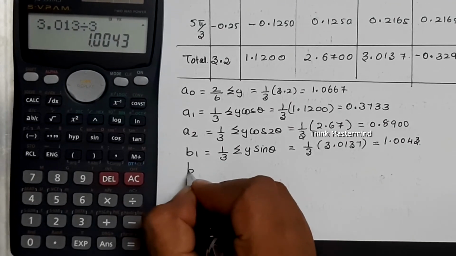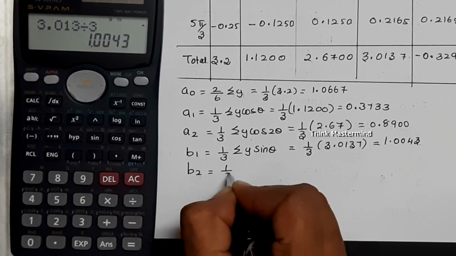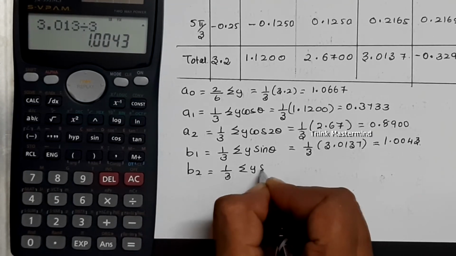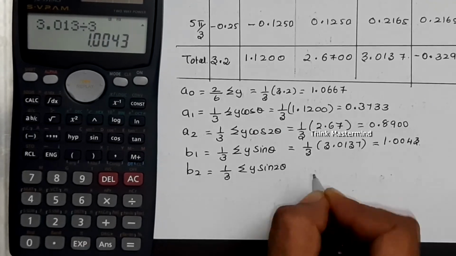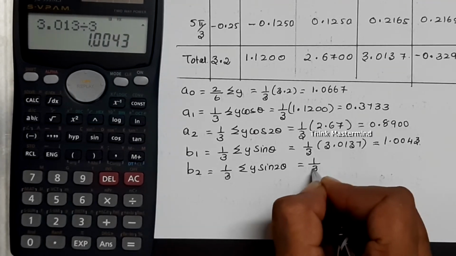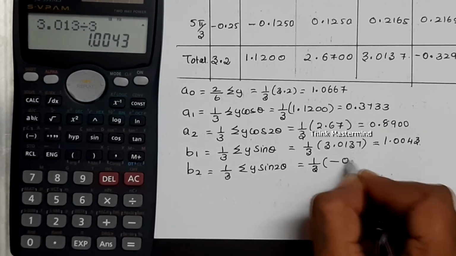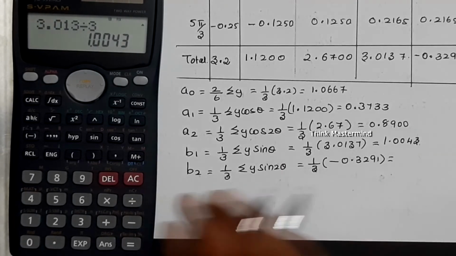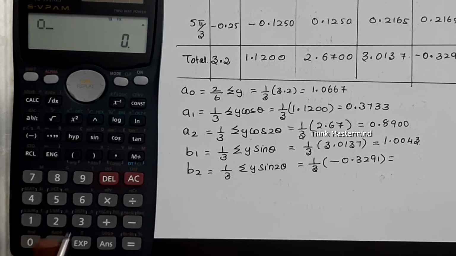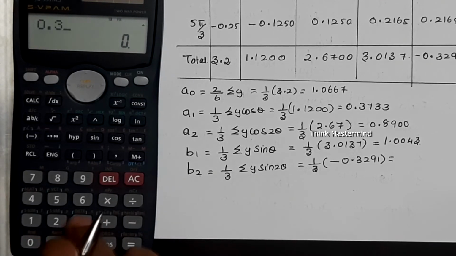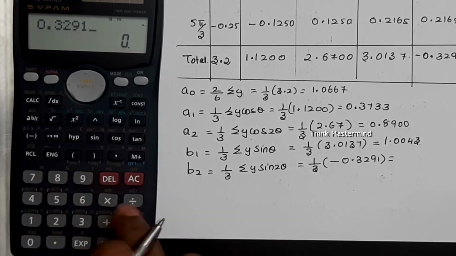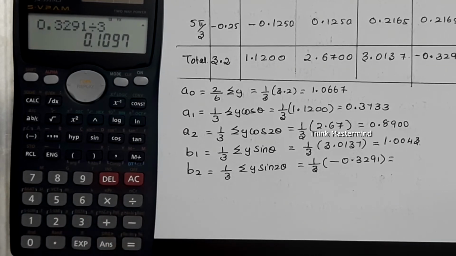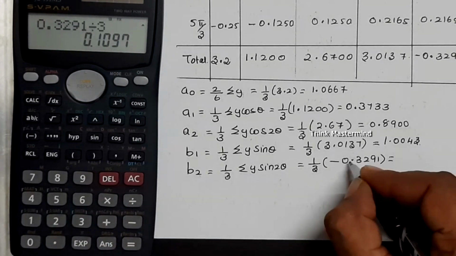So B2 is 1 by 3 summation of y sin 2 theta, that is equal to 1 by 3 times of minus 0.3291, that is equal to 0.3291 divided by 3, that is equal to minus 0.1097.